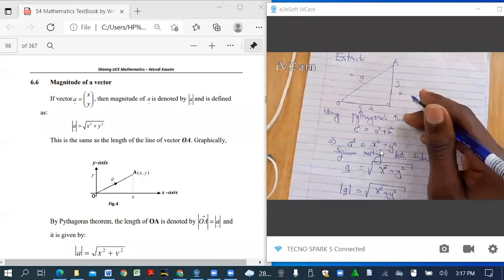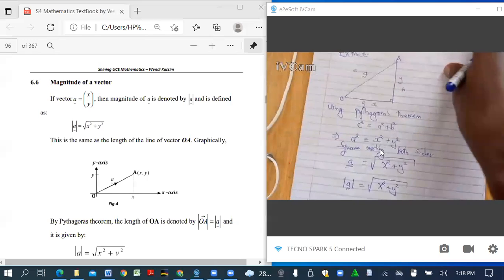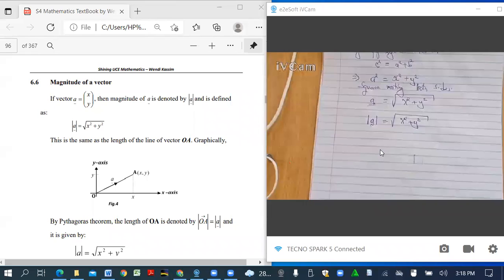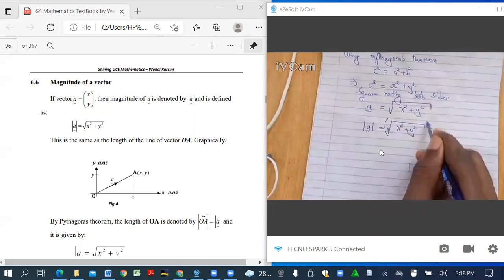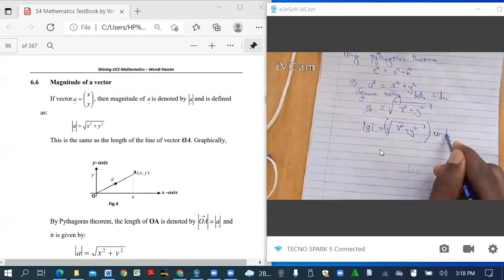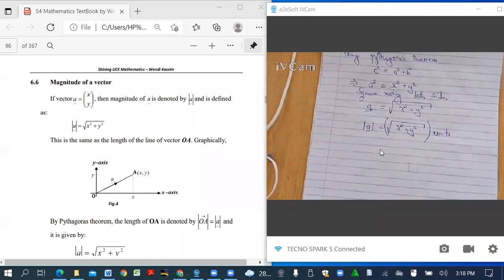So after getting the answer, you write the word units, because it tells you how many units you should move from one point to the next point. Are we together?